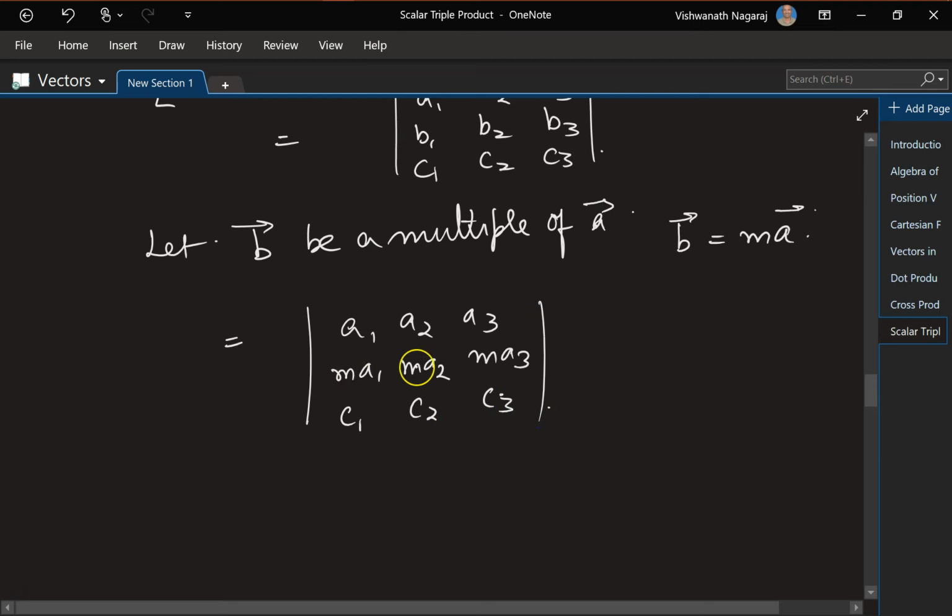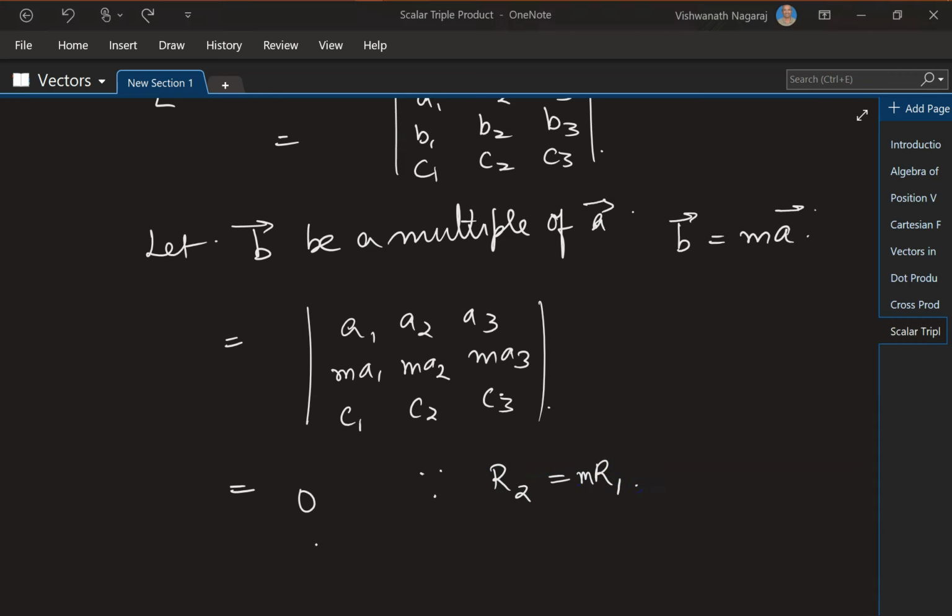Now remember, when one row is a multiple of another row, the determinant becomes 0. So this is equal to 0, since R2 is equal to M times R1. So which means if 2 of 3 vectors are collinear, then the triple product is 0.